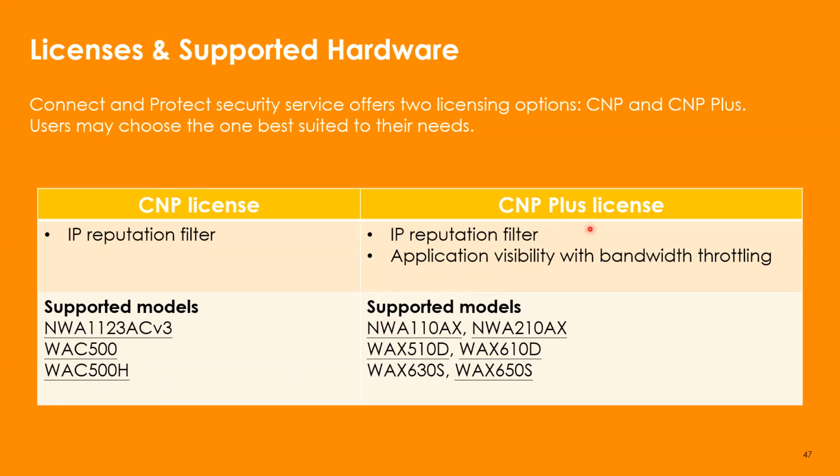We also have a Connect and Protect Plus license. It has that same UTM type filtering, but it also has the ability to unlock bandwidth throttling on an application basis. So you can go in and say, I want people to be able to watch Netflix, but I want to limit the bandwidth per user or per application to this amount, to make sure Netflix isn't eating up all your bandwidth and other applications can still get a reasonable amount.